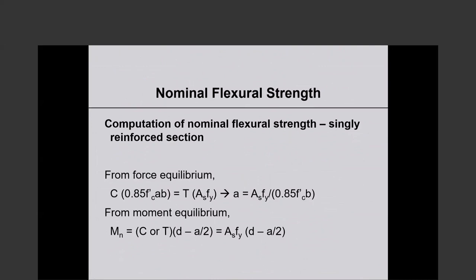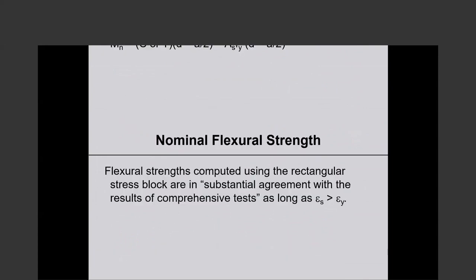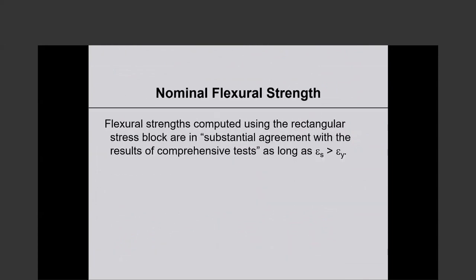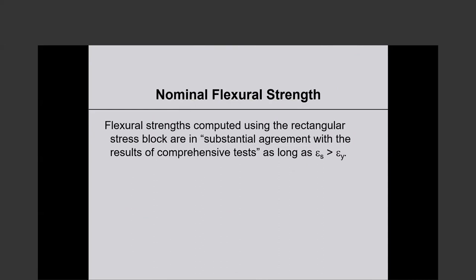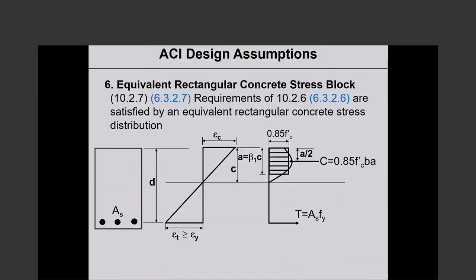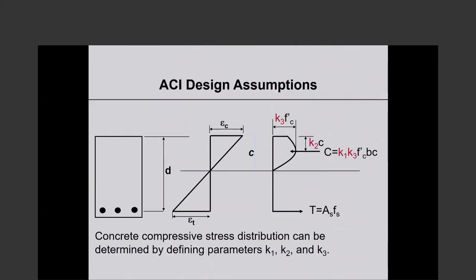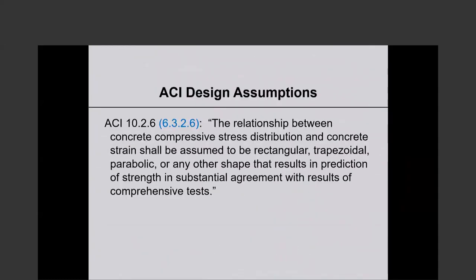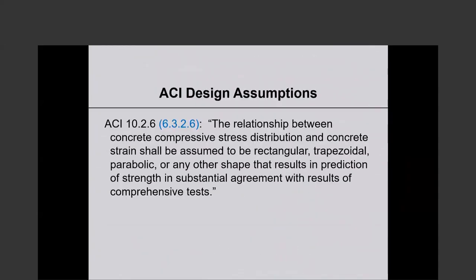Remember the terminology from yesterday. Nominal flexural strengths computed using the rectangular stress block are in substantial agreement with the results of comprehensive tests. I would like to go back to the language that I said was not understandable upon reading, but this is important language.